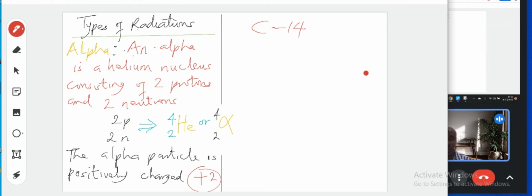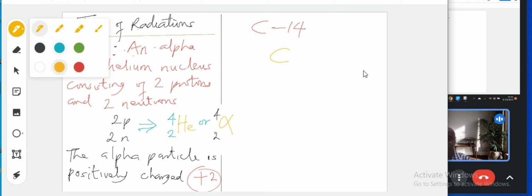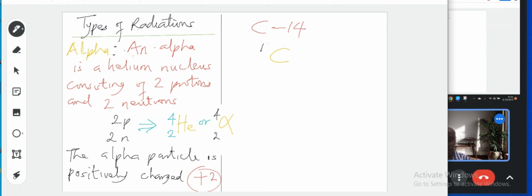This is the notation of carbon 14, C14 6. All carbon atoms have 6 protons, so their proton number is 6. But they can have different nucleon numbers. When we write this, the upper one represents the mass number or nucleon number. The lower one represents the proton number or atomic number. You know all of that.